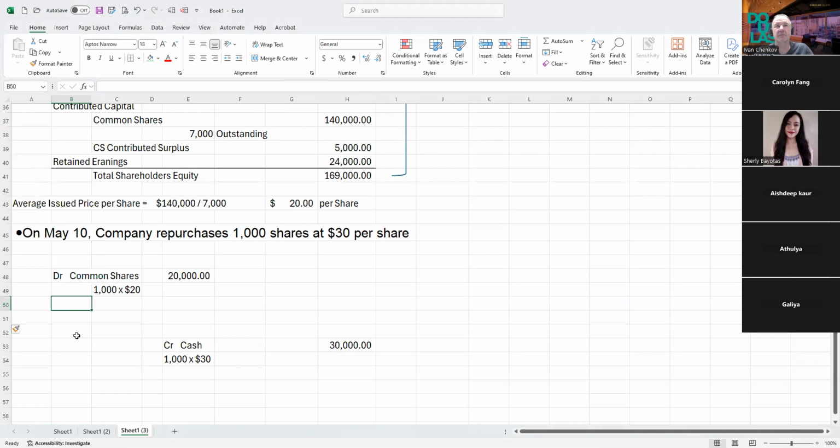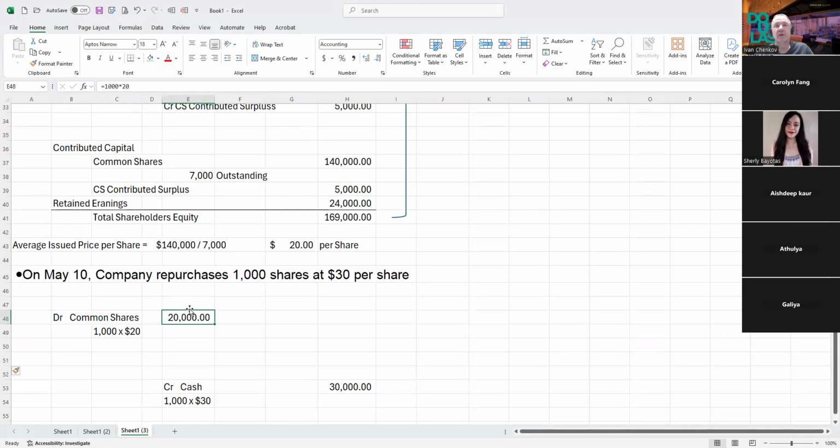The general rule is this. If you start paying more than what you got for the common shares, or for any shares, you're deficient; you're going to have a deficit. That deficit you're going to cover from retained earnings, unless you have a contributed surplus for the exact same type of shares.